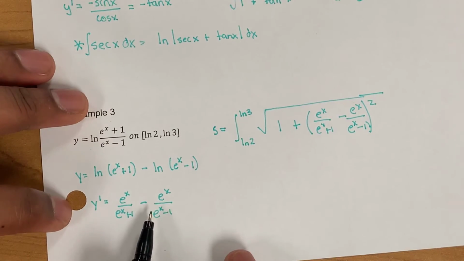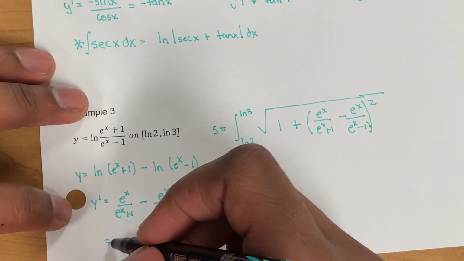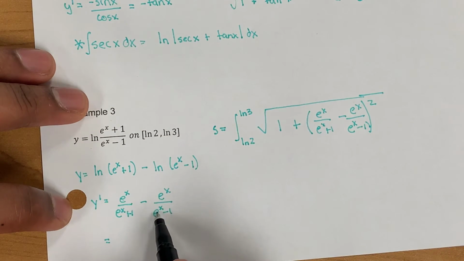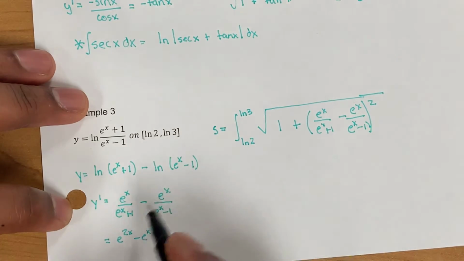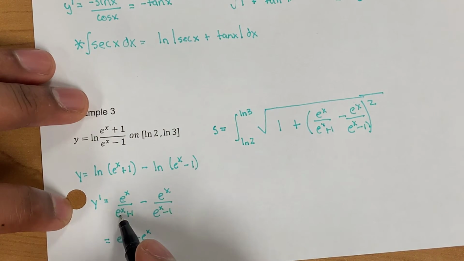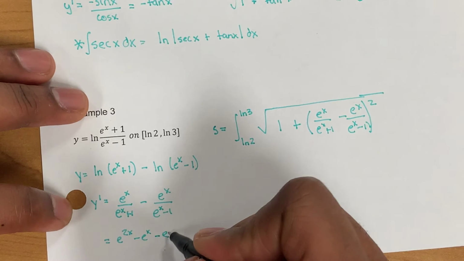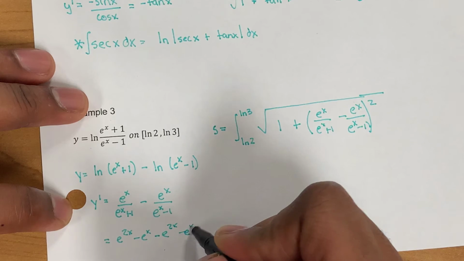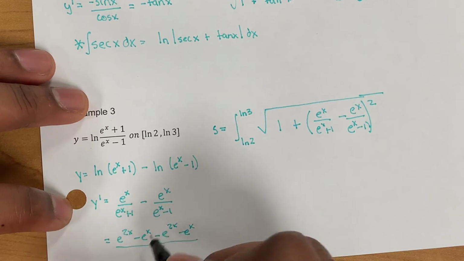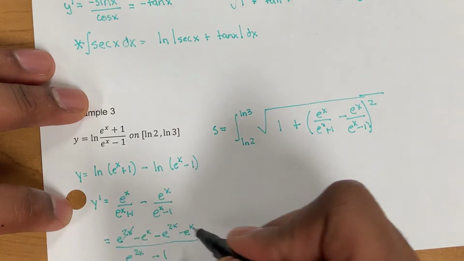Now again, let's go to the bottom for a moment. If we get a common denominator, e to the x times e to the x minus 1 is going to be e to the 2x minus e to the x. And then the same thing here, e to the x times e to the x plus 1 is going to be e to the 2x plus e to the x, and then we multiply these two together, so we get e to the 2x minus 1, and these cancel out.